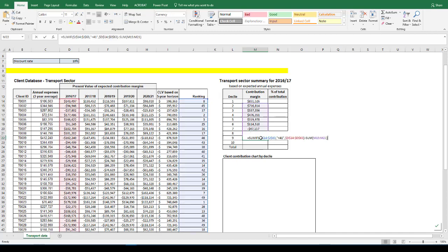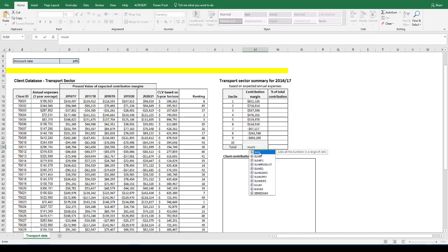It's getting worse and worse. 46, that it accounts for 46 clients, and yes, worse than before. And the last one, thank God, 51, less than 51, and then all the previous deciles' contribution margin, yes, minus 841, and get the total, which is really simple.